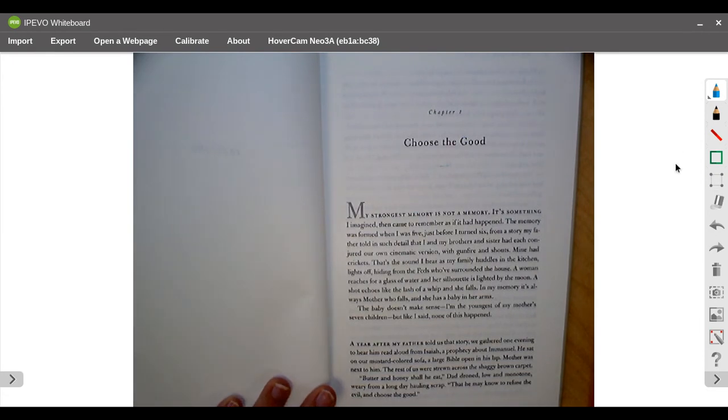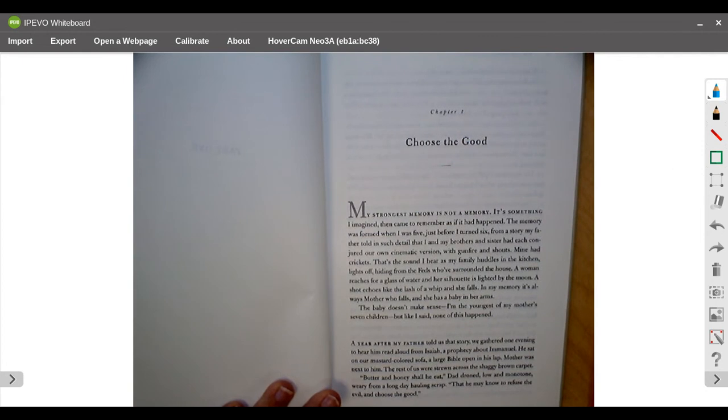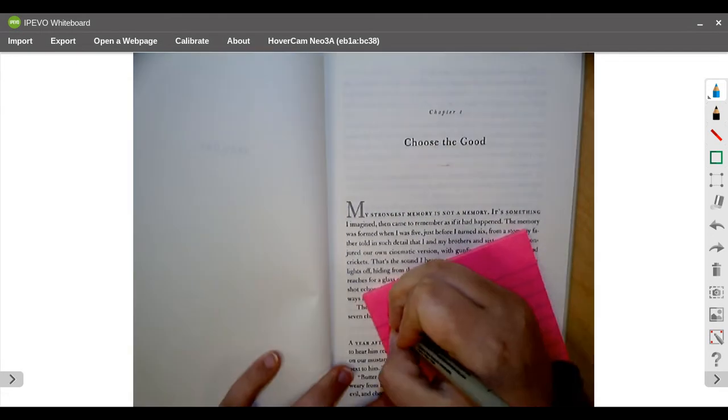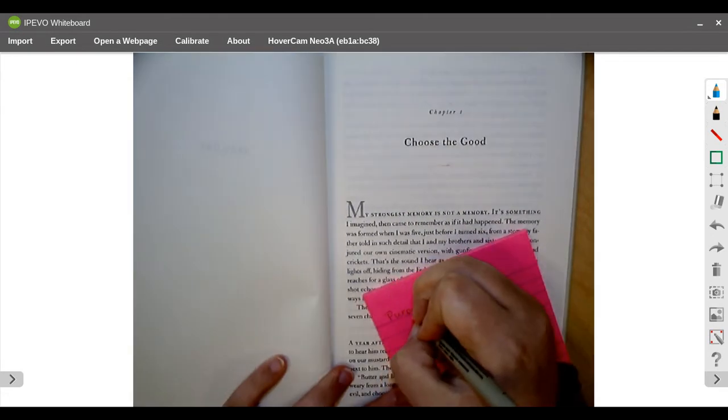So when I'm annotating, I'm always determining a purpose, either one given to me by a teacher or my own purpose. So what we're going to do is annotate this text for a purpose, and our purpose is voice.